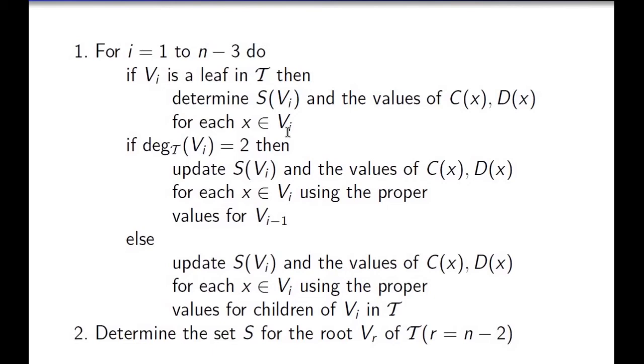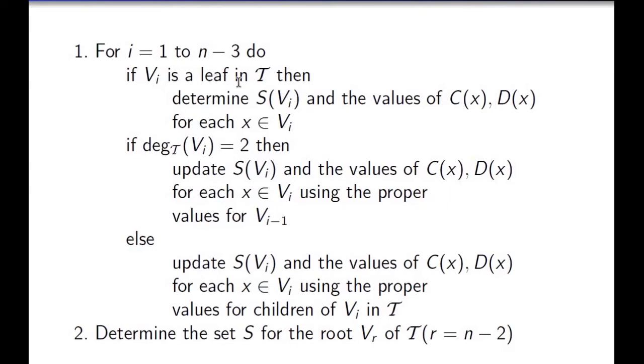This slide shows the main loop of the algorithm. For the graph G of order n, we have n minus 3 steps. And for each vertex vi in the tree decomposition, we have 3 conditions: 1, 2, 3.